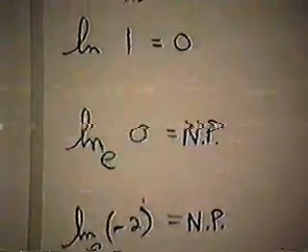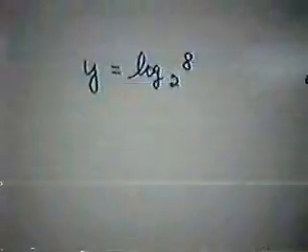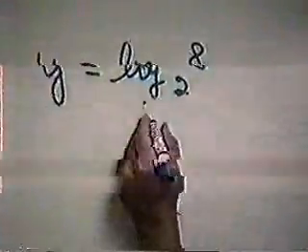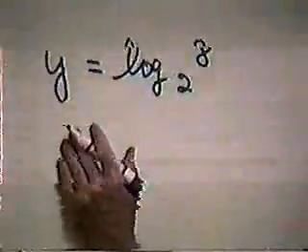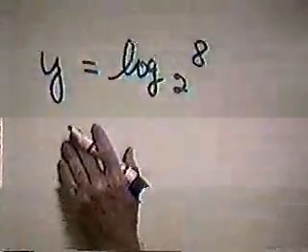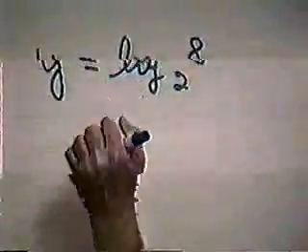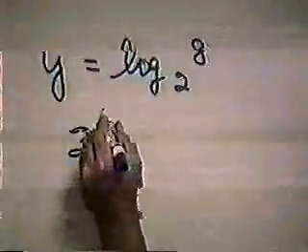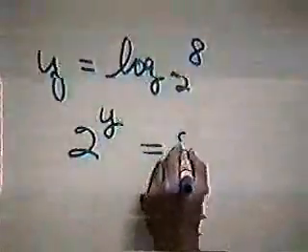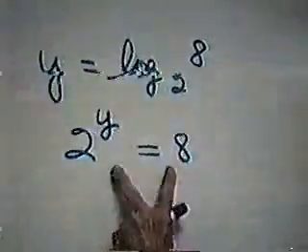All right, now let's look at some more facts you need to know to be able to work problems in the application of derivatives of logarithms. Let's change to exponential form and solve this. I'm going to teach you two different ways of doing it. Number one is the mechanical way. We take this base and raise it to that power. So the exponential form is 2 to the y power is equal to 8. Now, what was the rule I gave you before?